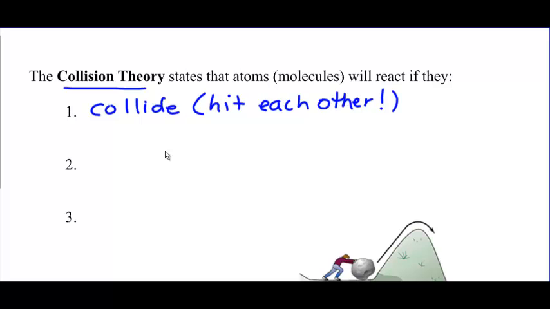Not only do they have to hit, though, because right now oxygen is hitting my head, but my hair is not on fire, okay? Because it's not enough to just hit. They have to hit with the proper energy.